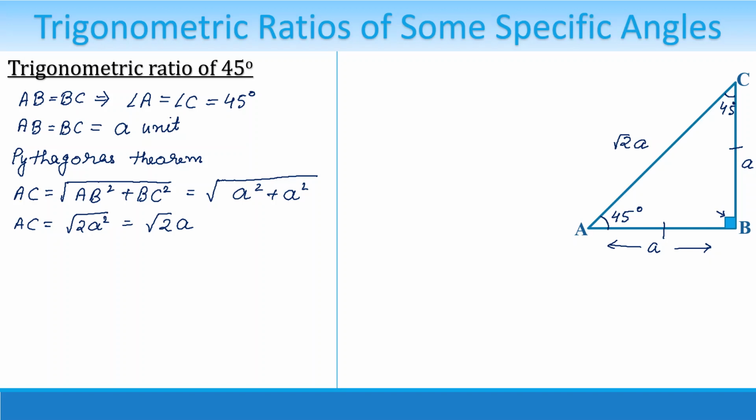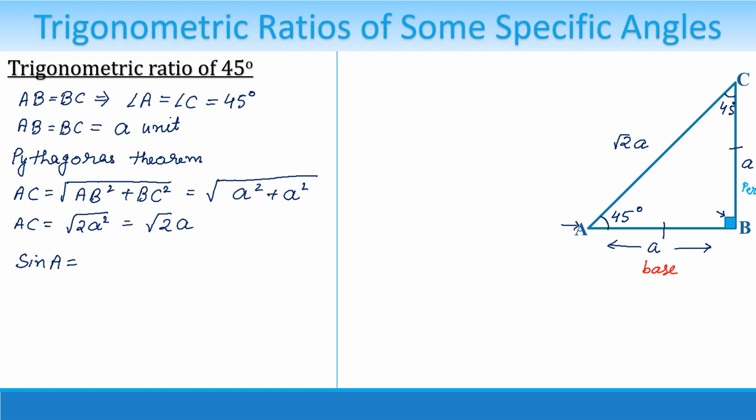So let us begin with sine. Suppose I have to calculate sine of angle A, sine A. For sine A, the side adjacent to the angle will be considered as the base.